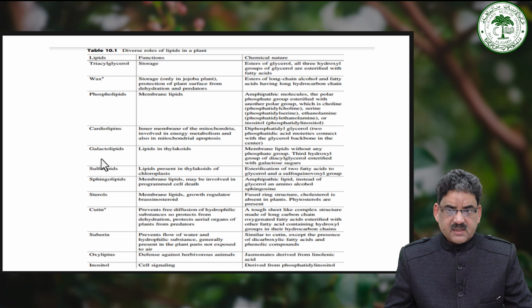The next one is galactolipids. It is devoid of a phosphate group, and serves as a membrane lipid in thylakoids with the third hydroxyl group of diacylglycerol esterified with galactose sugars.